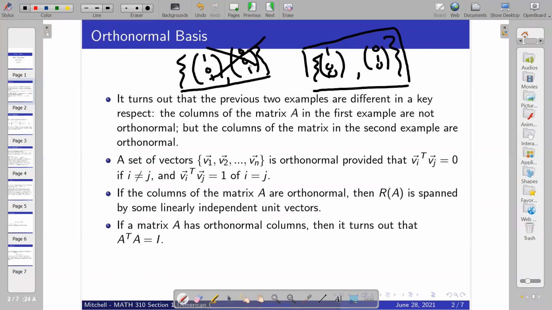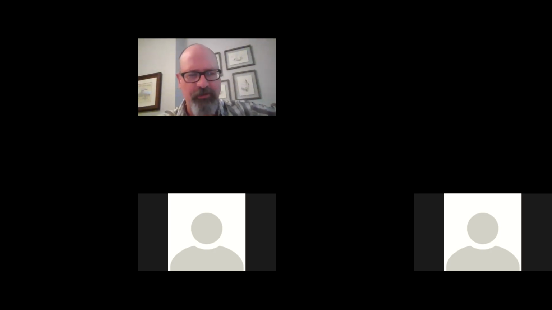What's sort of amazing about a matrix with orthonormal columns is that if you take A transpose times A, you get an identity matrix. And that's sort of the key, and we'll get back to the normal equations in just a second and try to explain why the intuition works when the vectors are orthonormal, but it's basically that property. So how do we actually see that?